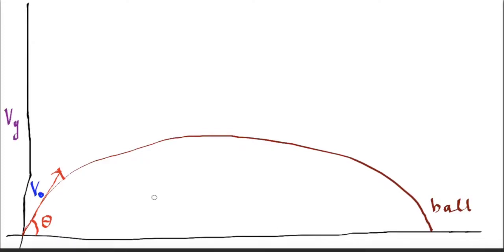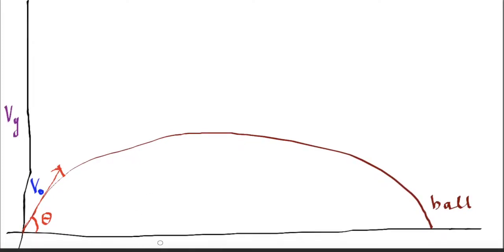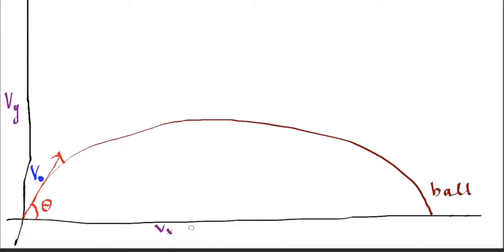Now we have the y component, and we also have the x component, acting in the x direction. And at this point, we have the max point, which means this is where the ball will be at its highest.